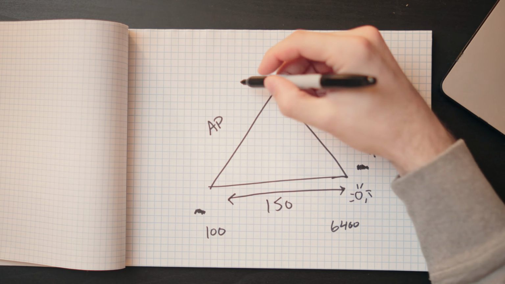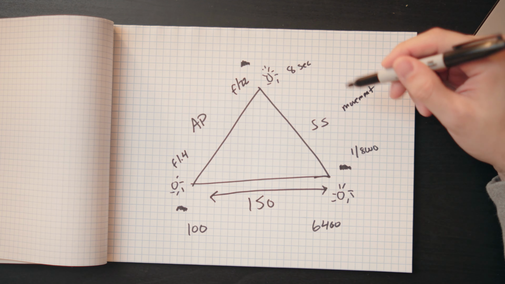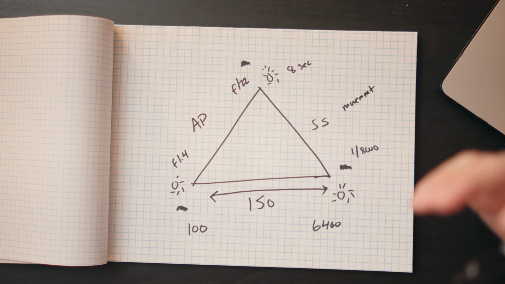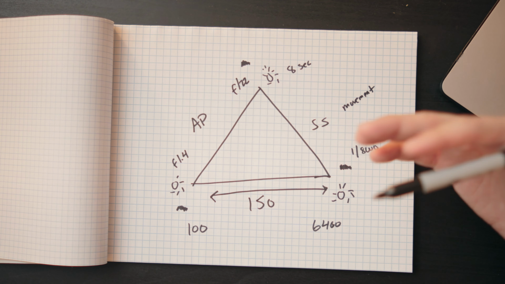So shutter speed's trade-off is, let's put this here, movement. And it just means that when you close down or speed up your shutter speed, what it's going to do is affect how movement appears. Up here, if you shoot something with 8 seconds shutter speed, it's going to blur.